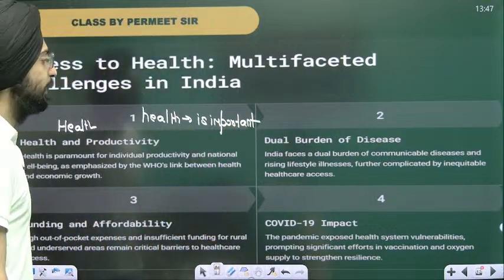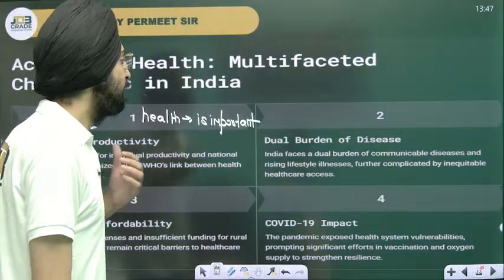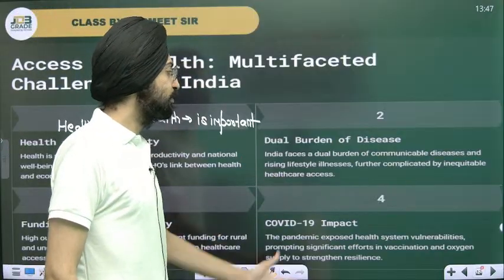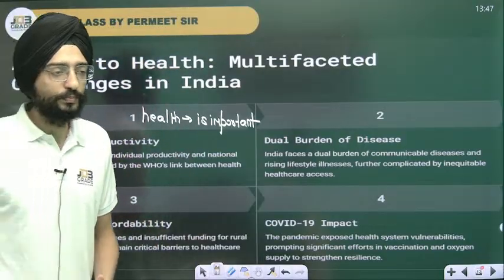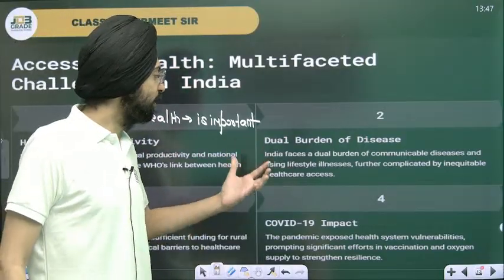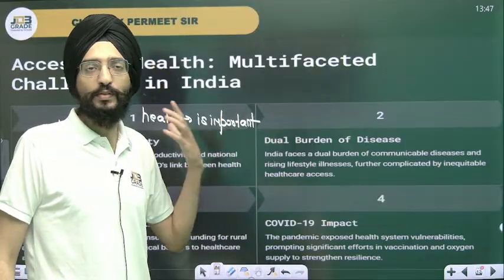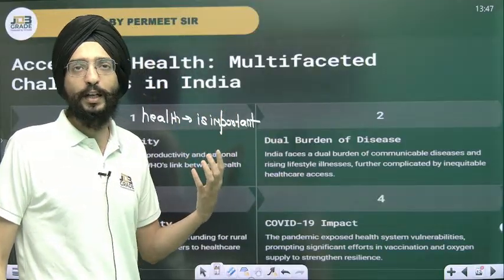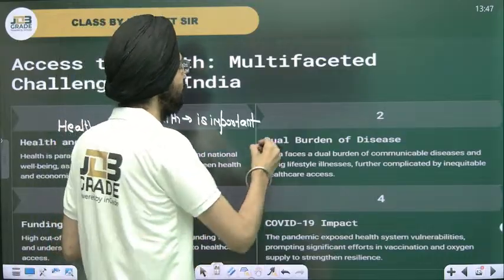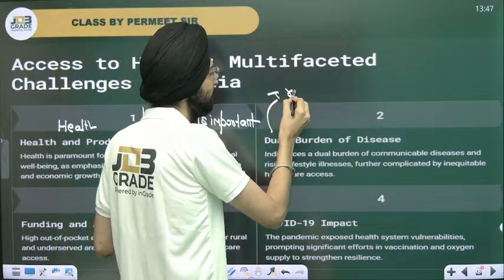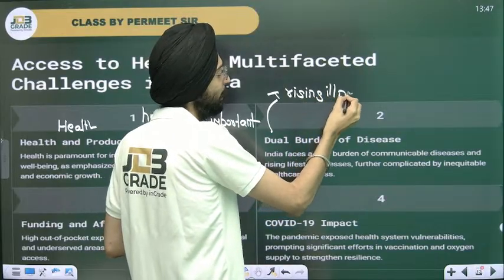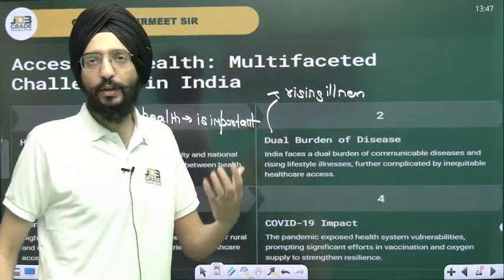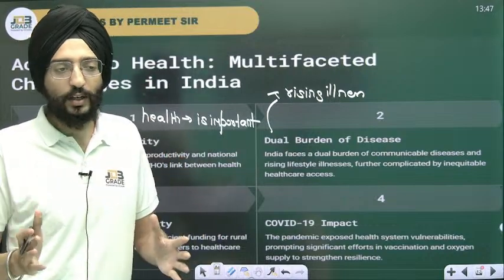Dual burden of disease. India faces a dual burden of communicable diseases and rising lifestyle illness, further complicated by inequitable healthcare access. Of course, there has been a rising lifestyle illness, because people are just sitting in corporate houses, looking at the screen, and there's nothing else.